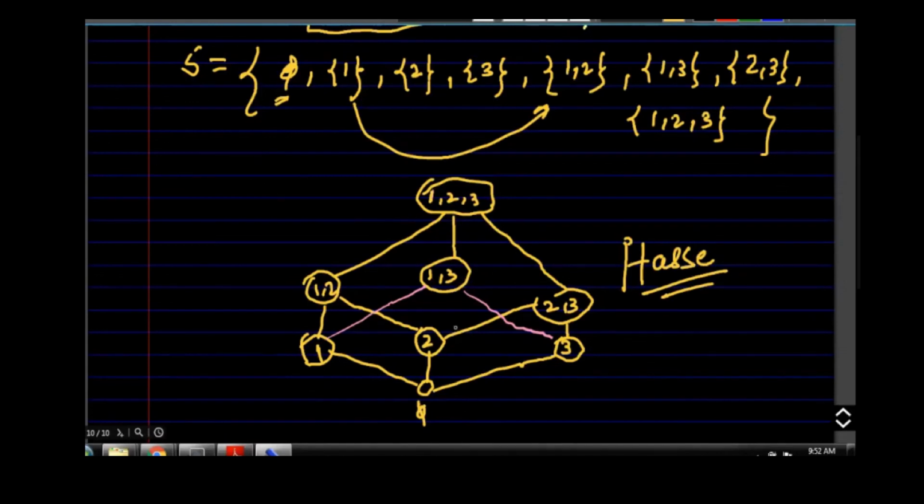So is it clear now how to draw the Hasse diagram? We are not required to draw this edge from 1 to 1, 2, 3. Why is it not required? Because 1 is related to 1 comma 2 and it is related to 1 comma 2 comma 3, and this is becoming a transitive edge. So we don't require the transitive edges.